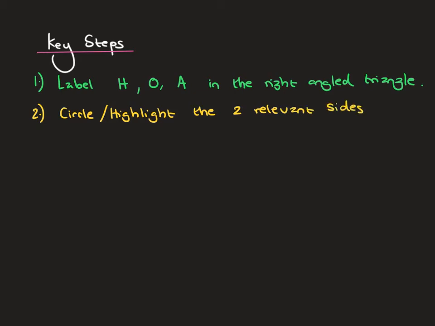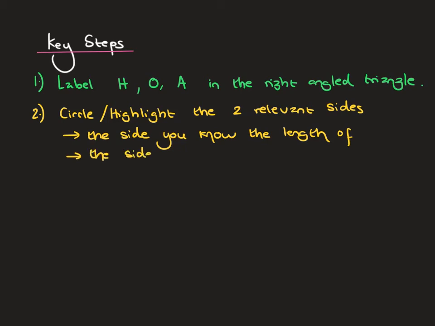Now, one of these will be the side you are given, or the side whose length you know, and the second of these will be the side you are trying to calculate.